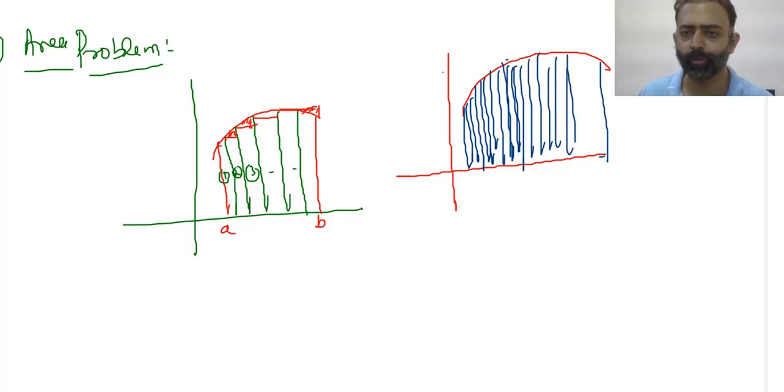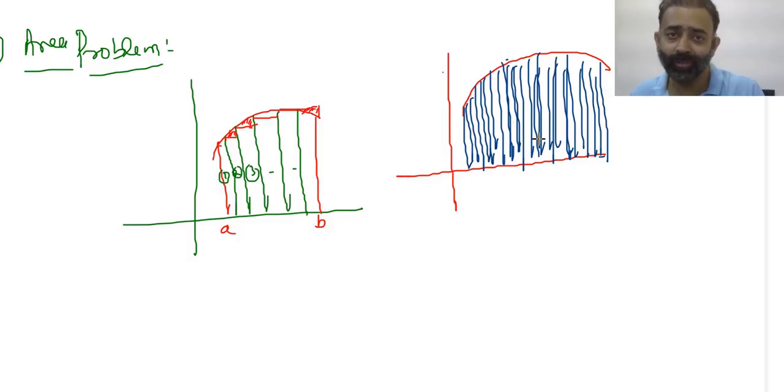right? So how the concept of limits we can see here. What is the actual area? We can say that the actual area under this curve is the limiting value of all these infinite number of areas, right?